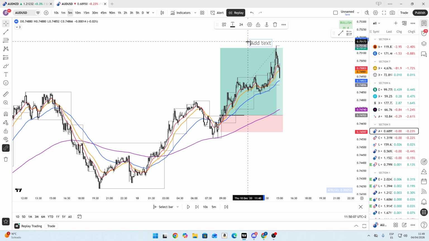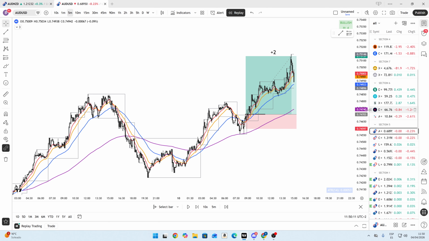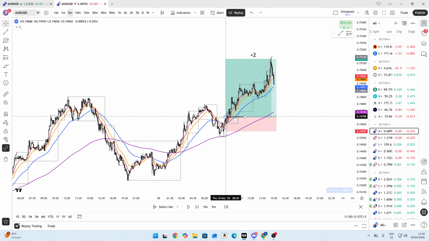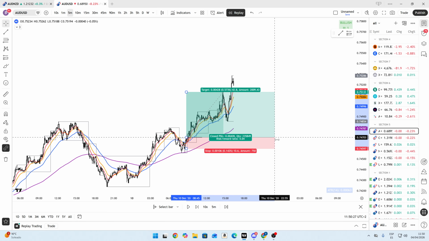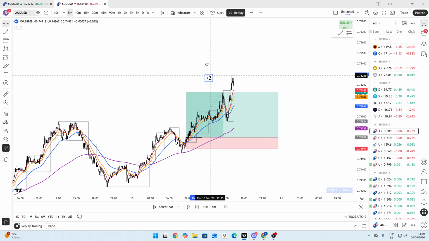I'll take a +2 at this area, and I will keep it running. Right now, the stop loss is still at this level, the break even basically. So this trade is risk free, right? If it goes to break even, we're out of the trade, simple as that. If it keeps moving, we will go and take more partials, right?